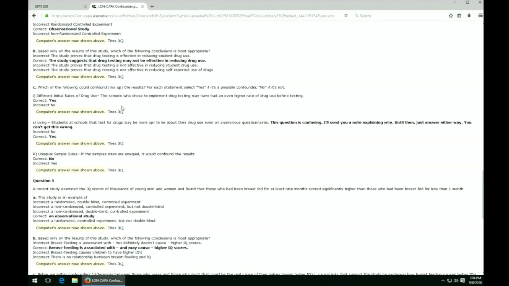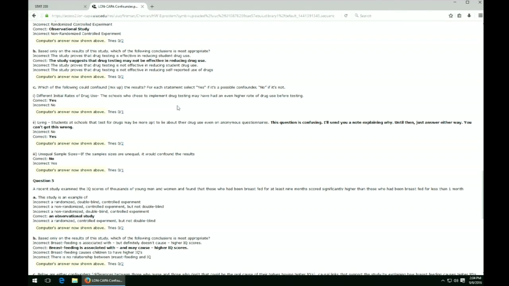In this case, the treatment is drug testing, and the control group is not drug testing. So there's bound to be a difference at the very start of the study, before they start drug testing, right? The schools that decide to sign on to this program are going to be different in many ways than the schools who decide they don't need this program.